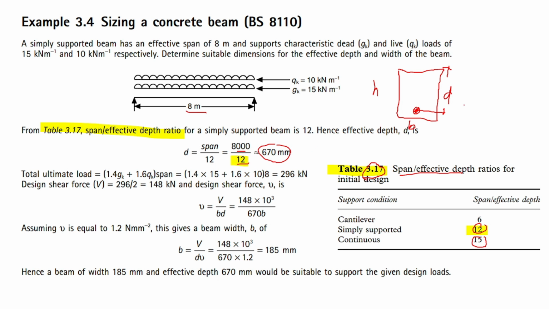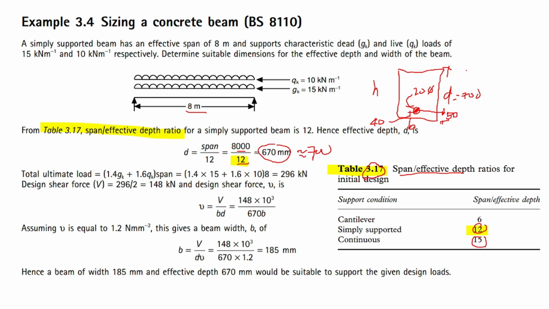For example, this is around 50: 40 cover, and then a 20 millimeter diameter bar, so half of it is 10, so that's 50. Because your cover here is around 40, if your d is, let's say, 670, maybe you can assume 700.